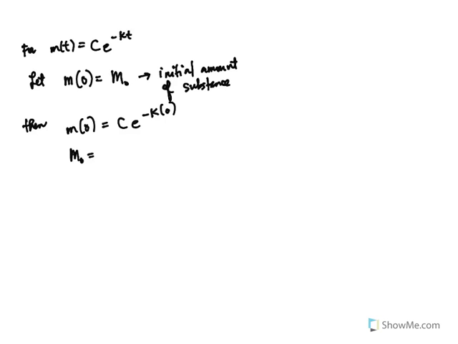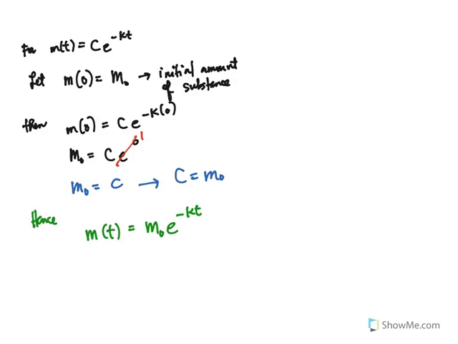So you have m naught is equal to c e raised to 0. And e raised to 0 is 1. So you have here m naught equal to c. Or again, it follows that c is equal to m naught. Hence, m of t is equal to m naught e raised to negative kt. So you see here, instead of having m of t equals c e to the negative kt, we can replace immediately yung c using the initial amount.